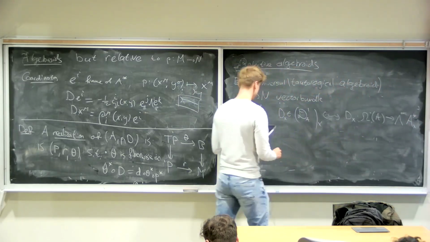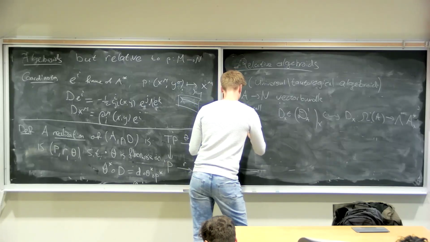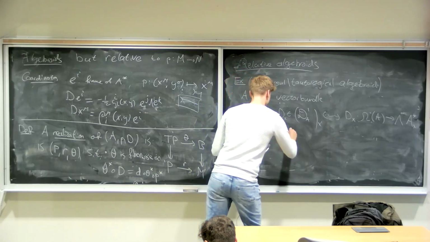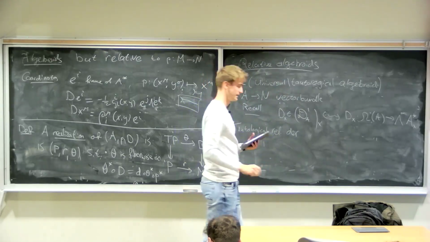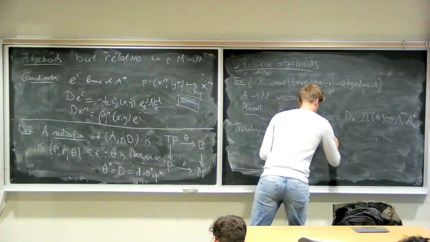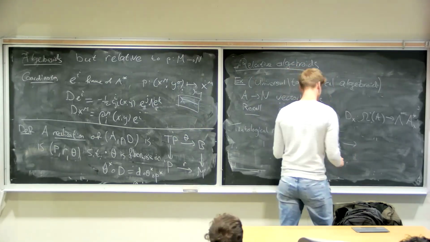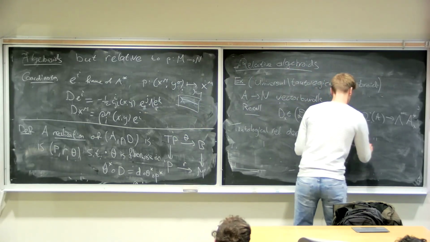So we're going to use this to define the tautological derivations, the tautological relative derivation. It's relative to P1, which is the vector bundle projection from the bundle of derivations to N.